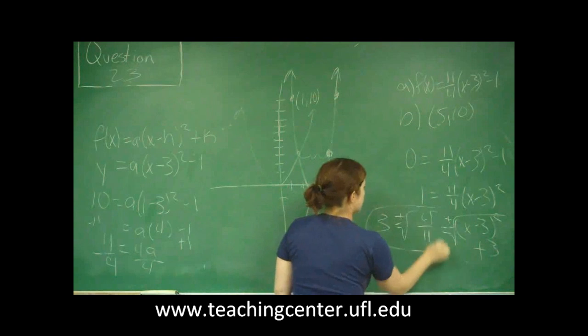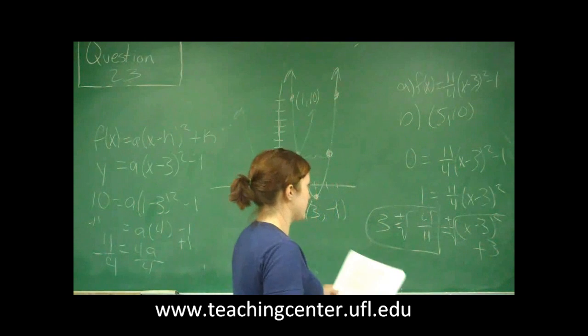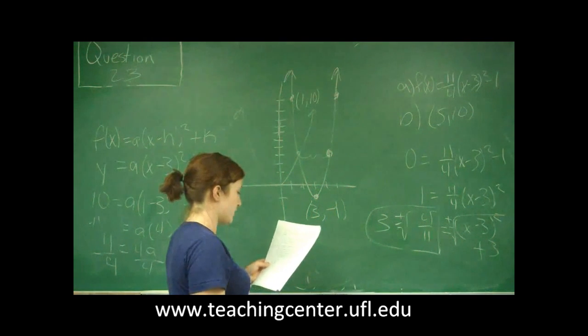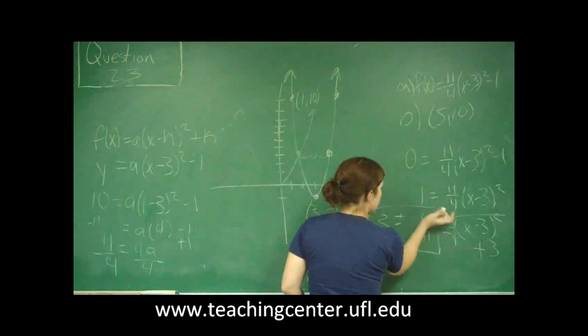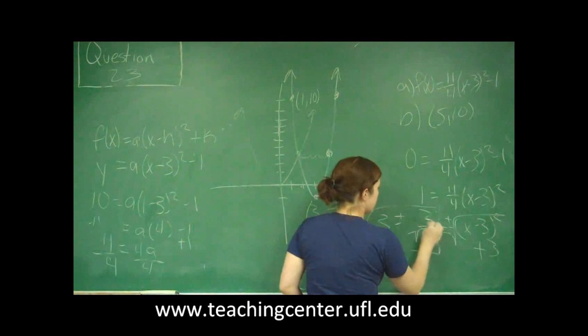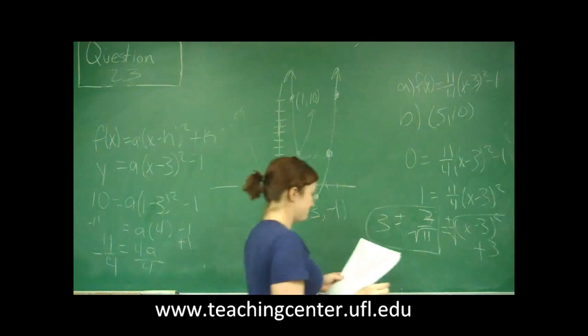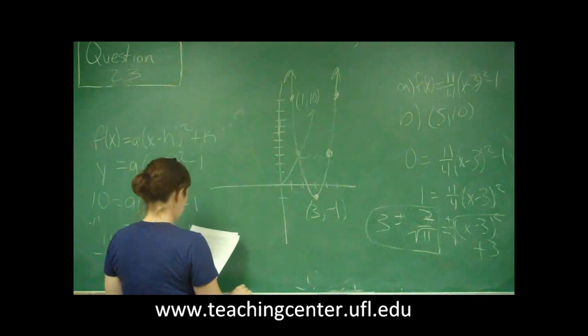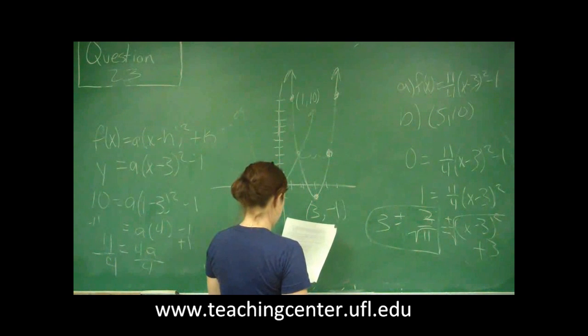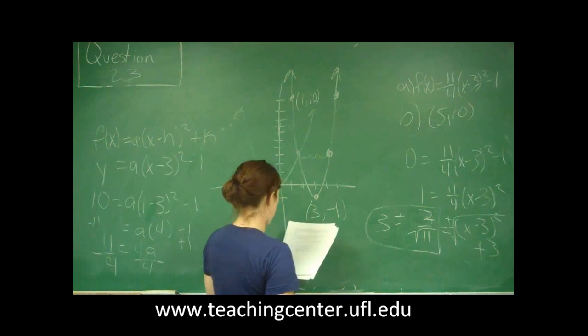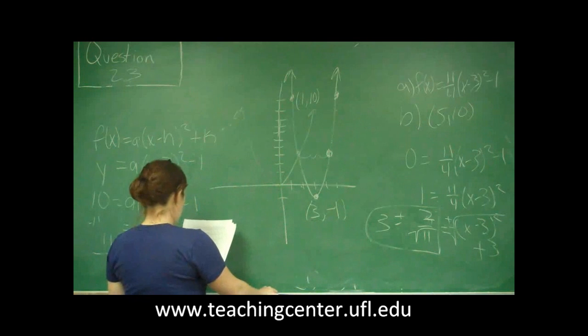So my answer is 3 plus or minus the square root of 4 over 11, or 3 plus or minus 2 over the square root of 11. And that is it. That is your answer for parts A, B, and C.